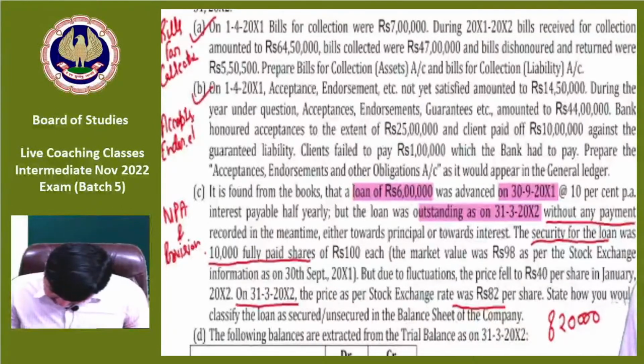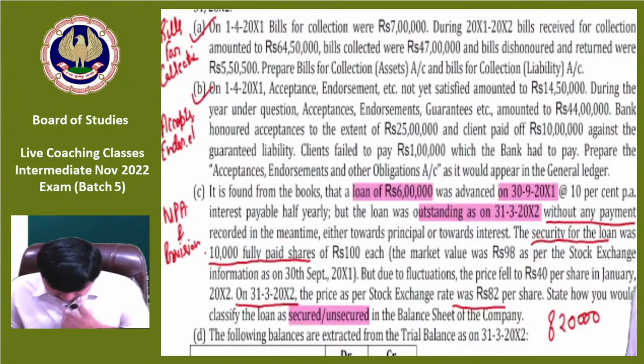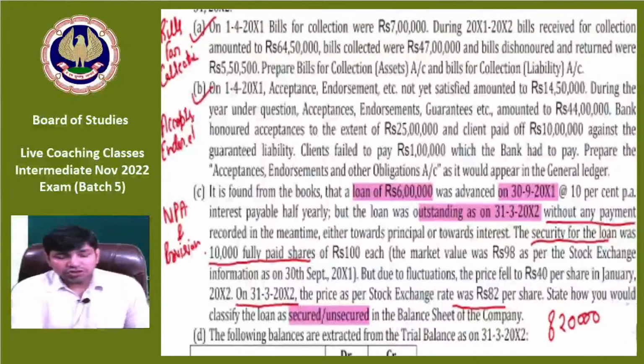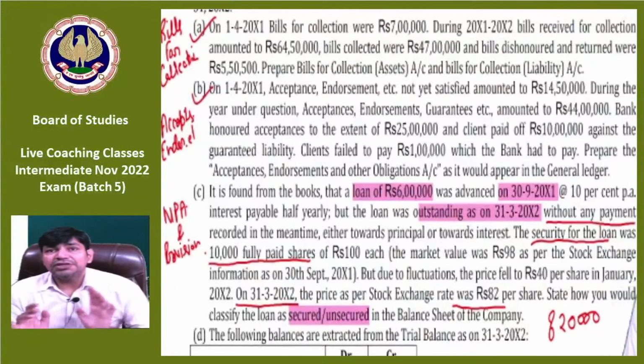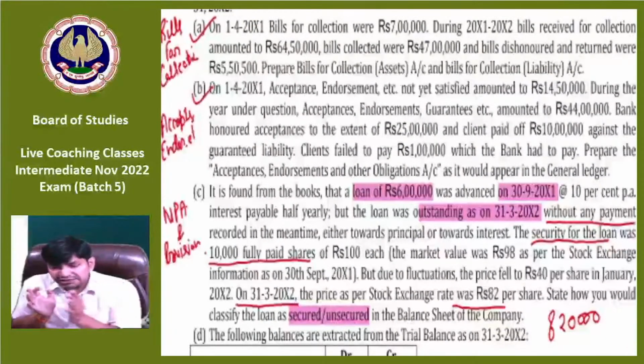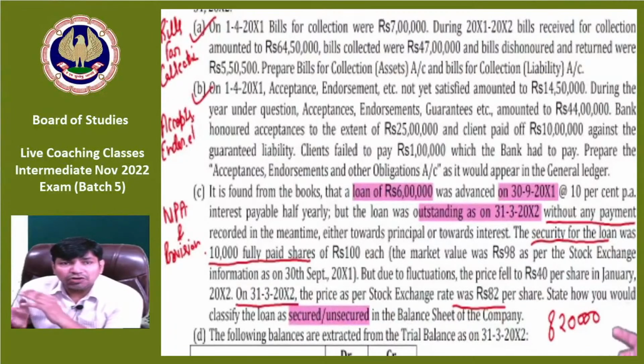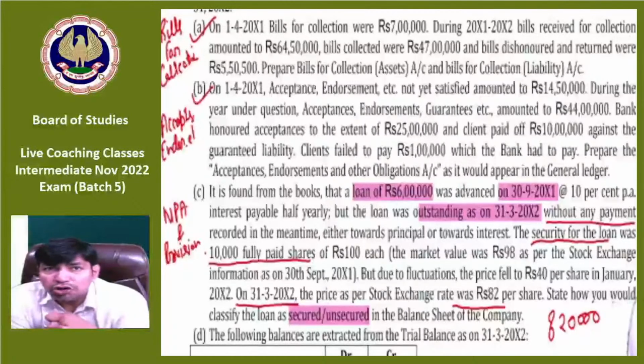Now, what is the question asking? The question is asking how you will classify the loan, secured or unsecured. Only this is the point which the question is asking. I'm not saying that it is asking for standard, substandard, doubtful, etc. No, the question is asking only whether it is secured or unsecured.